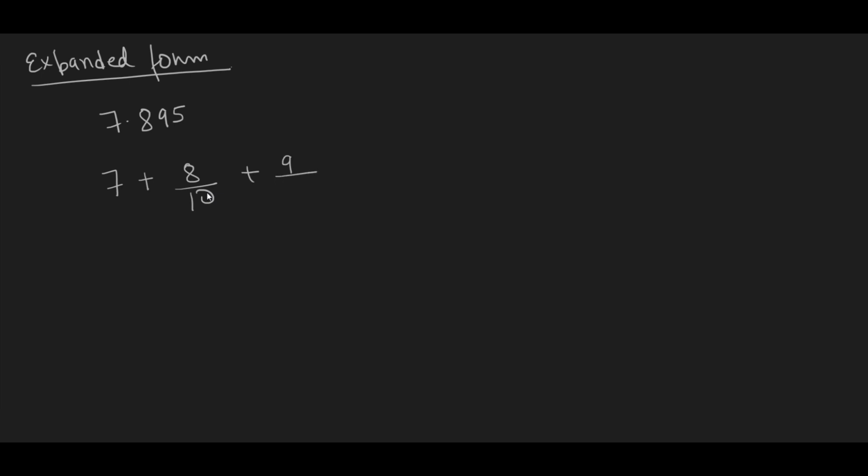Children, next you have the expanded form of a decimal. So children, here you have an example in your textbook, 7.895. So children, this can be written as 7 plus 8 upon 10 plus 9 upon 100 plus 5 upon 1000, equal to, so this is your whole number part.